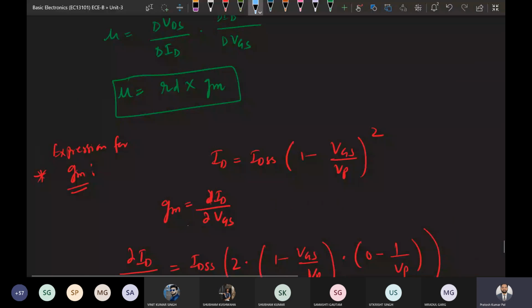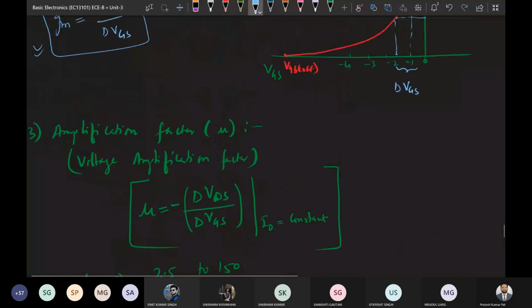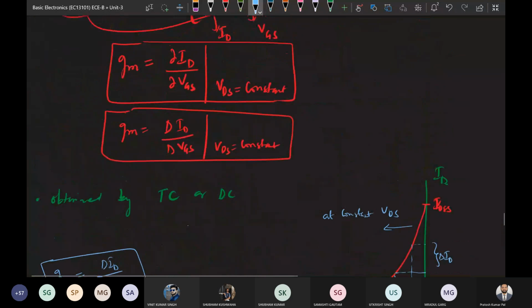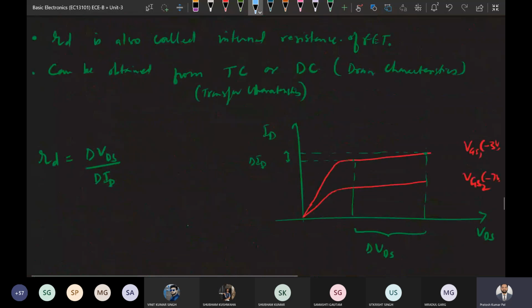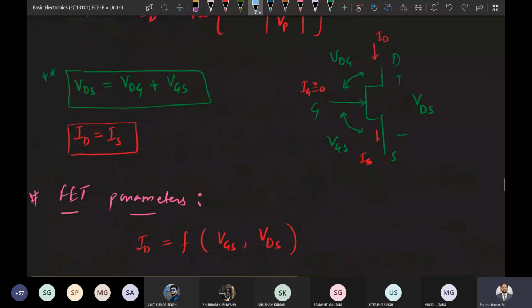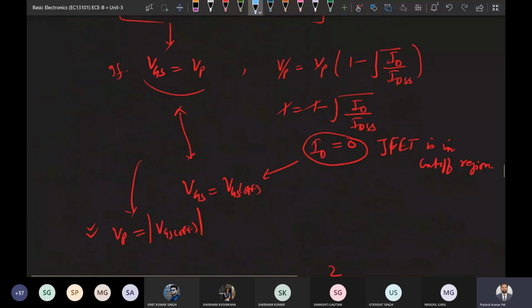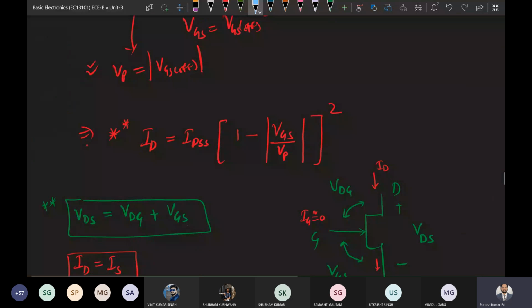You just need to remember this current equation. Once we know it, we can differentiate it with respect to VGS and get the GM value.